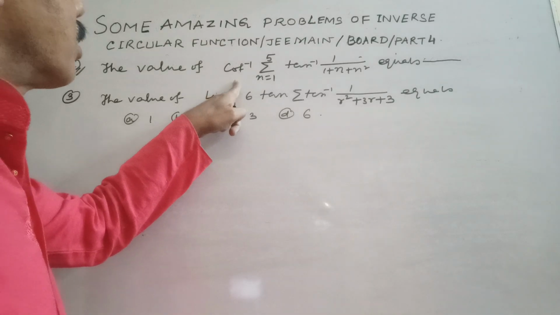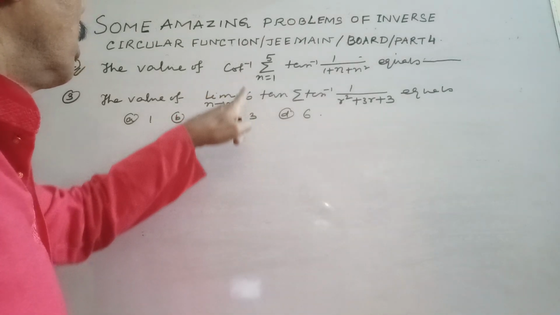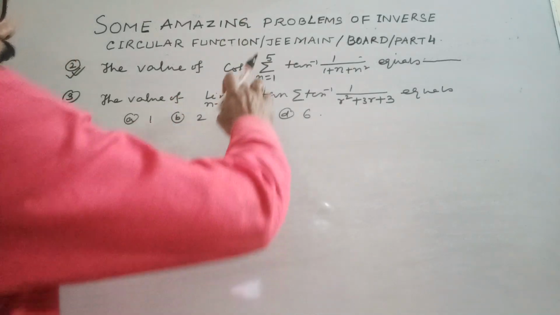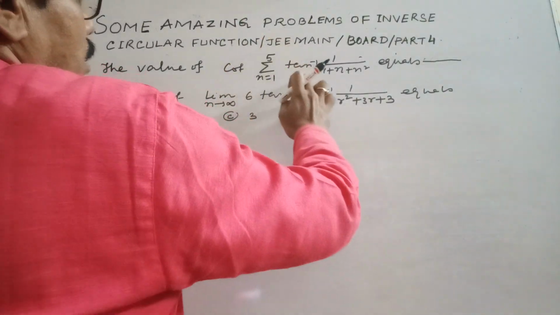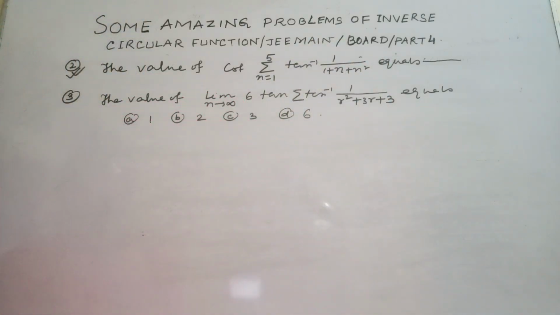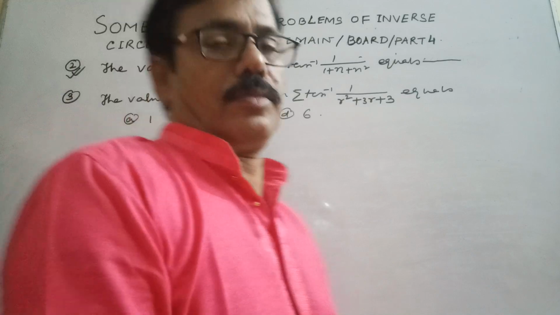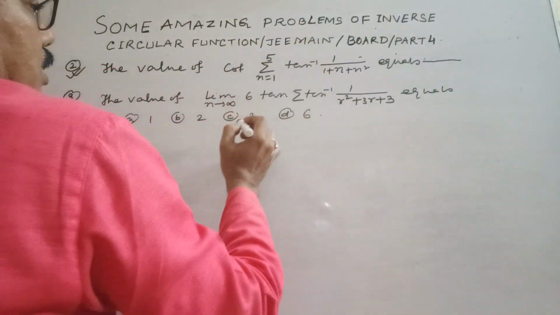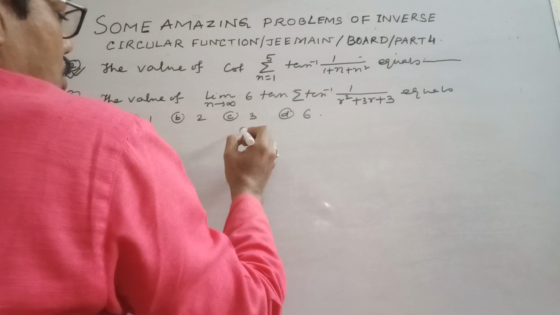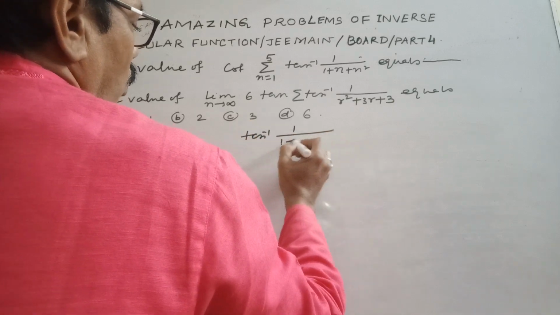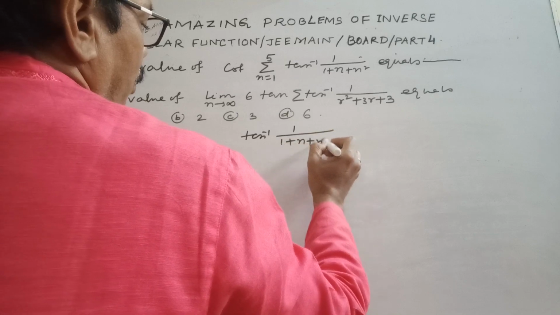Sum of n equals 1 to 5 of tan inverse 1 by (1 plus n square) equals. So we take this term: suppose tan inverse 1 by (1 plus n square).